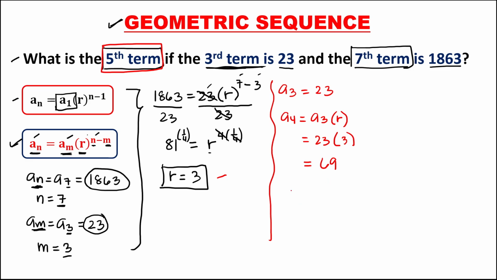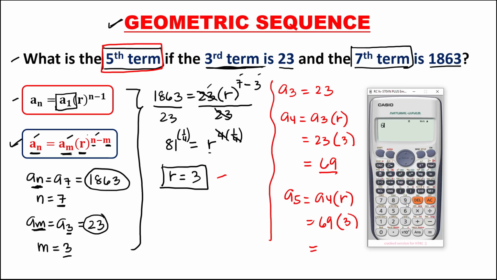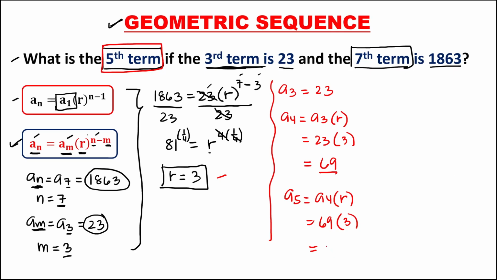And then to find the fifth term, the fifth term is equal to the fourth term times the common ratio. The fourth term is 69, times the common ratio 3. So we have 69 times 3, that's equal to 207.